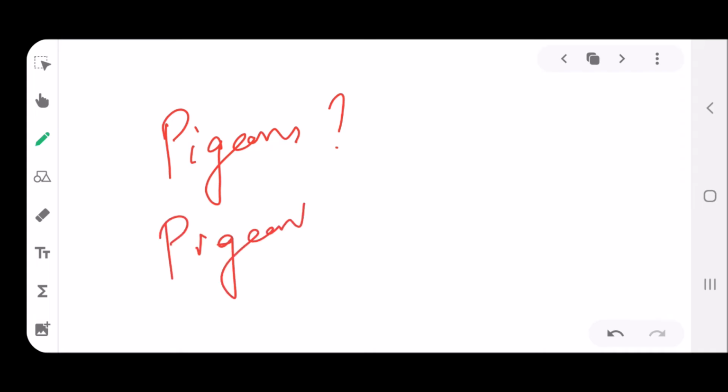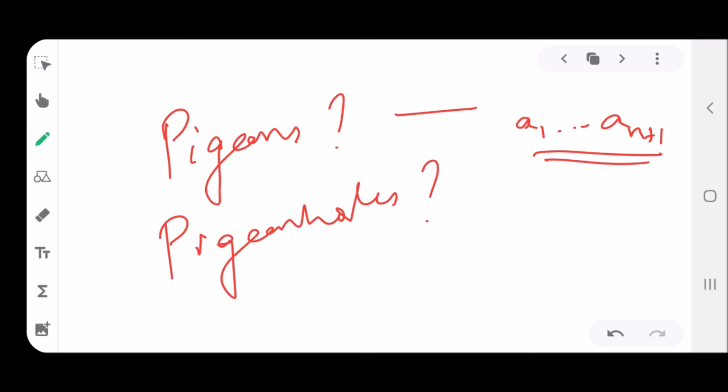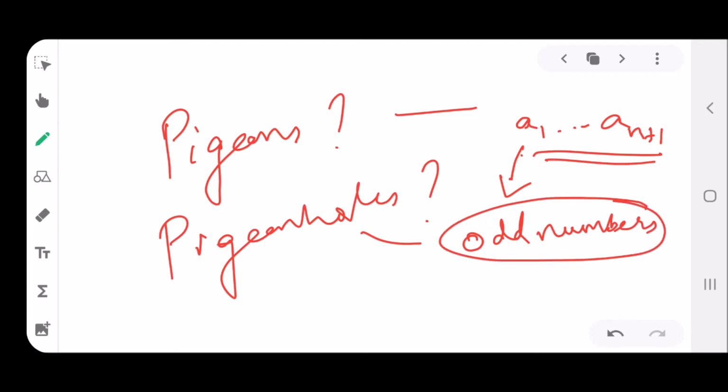The pigeons are a1 to a_{n+1}, the numbers that we have selected. The pigeonholes: each ai is written as 2 to the power something into an odd number, so corresponding to every ai there is an odd number, and the set of odd numbers forms the pigeonholes.